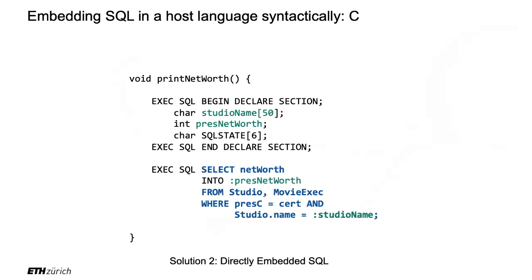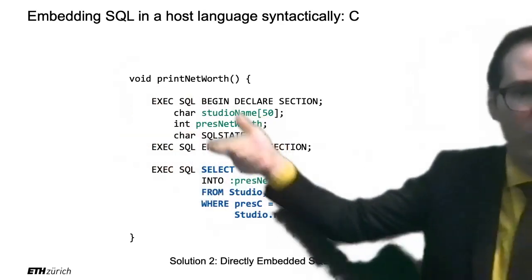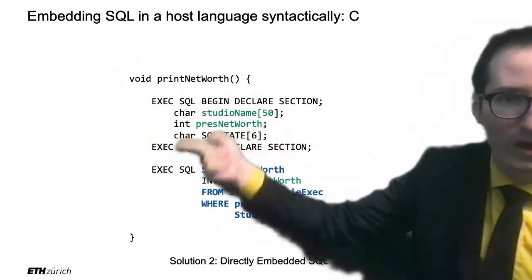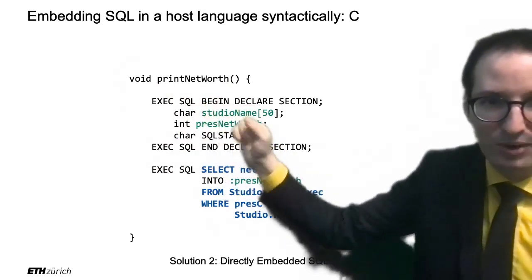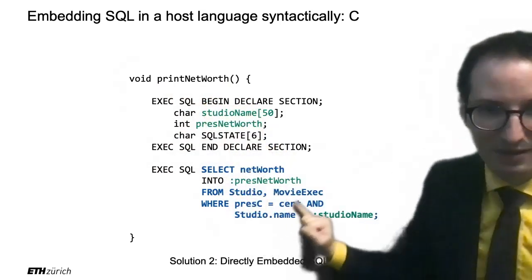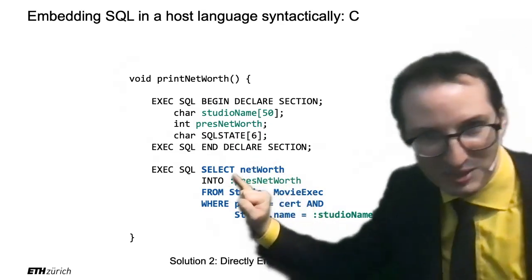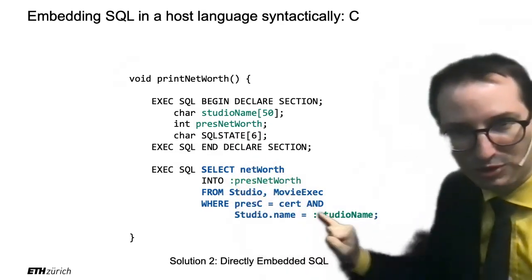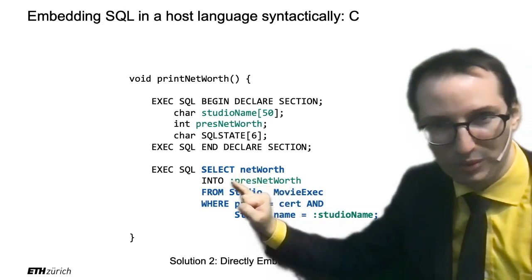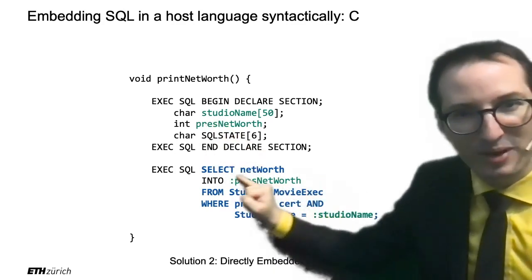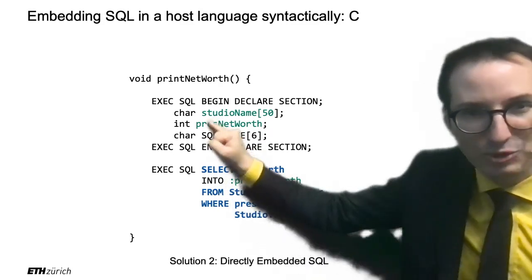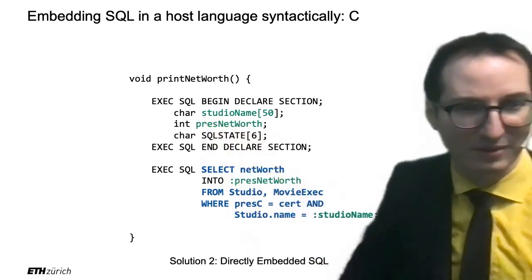So you can have these code snippets right in the middle of a C program where you write your variables that you bind to SQL, and then you can use them in the SQL query. And you see these little colons there, they are the connection with the language. You can create variables that you give names to, and then they will be replaced in the SQL query with the actual value that you have in your program, right?